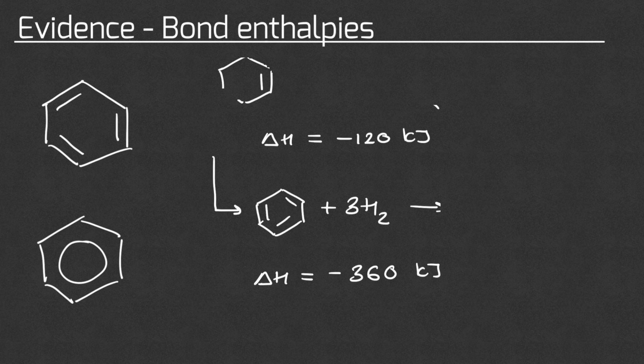Therefore, cyclohexa-1,3,5-triene, or the Kekulé structure, should have an enthalpy of hydrogenation of minus 360 kilojoules per mole. And that's because if one double bond in a 6-membered ring to hydrogenate has an enthalpy of minus 120, if we've got 3 of those double bonds, we'd simply times that value by 3 to get minus 360 kilojoules per mole.